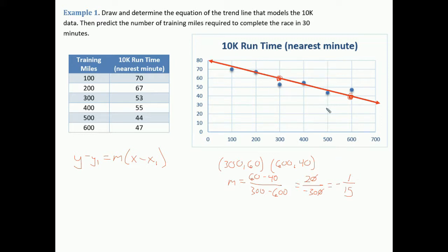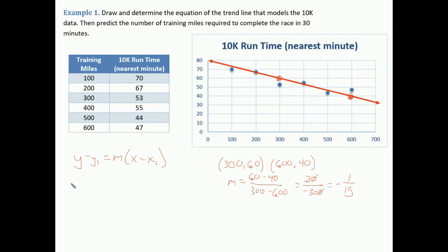That's negative because it's going down from left to right. Now notice these are spaced. This is 100. So our spacing isn't the same on our x-axis as that is on the y-axis. So we can't go by the looks as if it looks like negative 1/15.